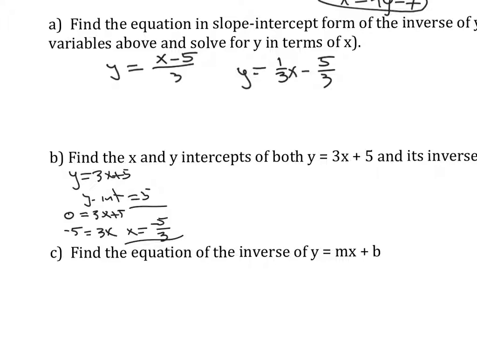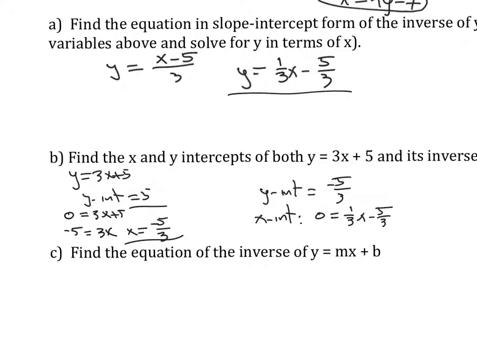For our inverse function, we already know it's y equals 1/3 x minus 5/3. So our y-intercept is going to be equal to negative 5 over 3. And our x-intercept, you can probably guess, but when we set y equal to 0, we get 0 equals 1/3 x minus 5/3.